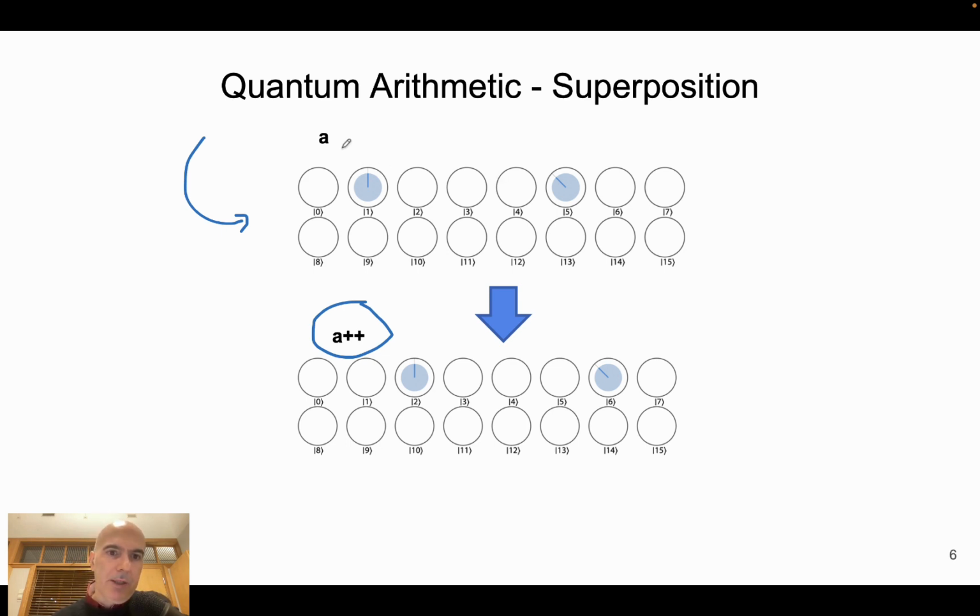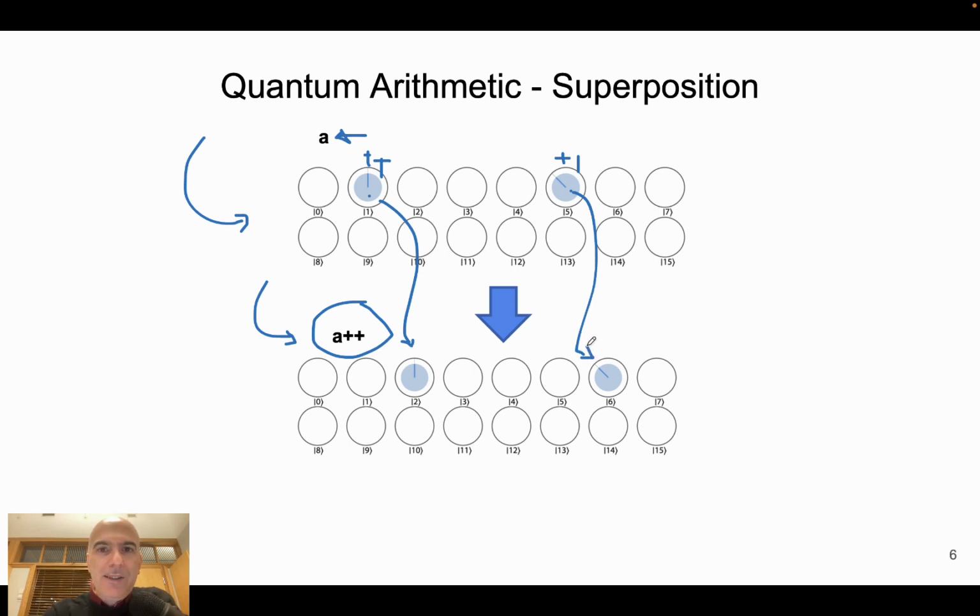The reason is that we can have this quantum register in a superposition of 1 and 5. These are two different states. By doing our quantum arithmetics that can operate on a superposition, we're going to apply an increment operation to this state here, and also here. Our quantum gate will add 1 to A, so the state 1 will become 2, and the state 5 will become 6.